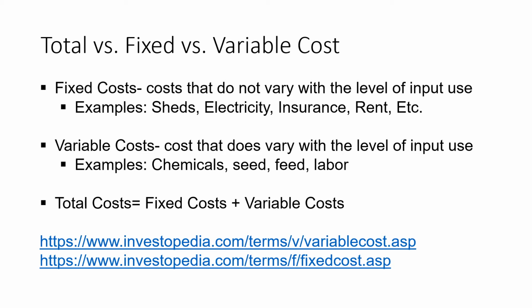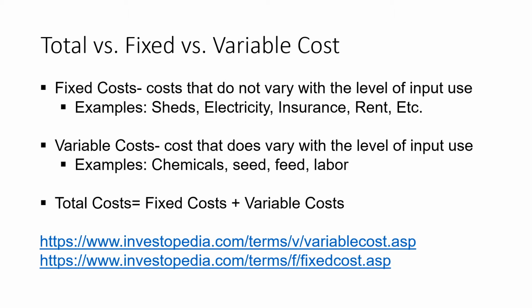So fixed costs are those costs that do not vary with the number of products that we are producing. For example, there's a couple videos here that you're going to have to watch that are going to explain these concepts further, and in those videos they use the example of a chocolate chip cookie factory.